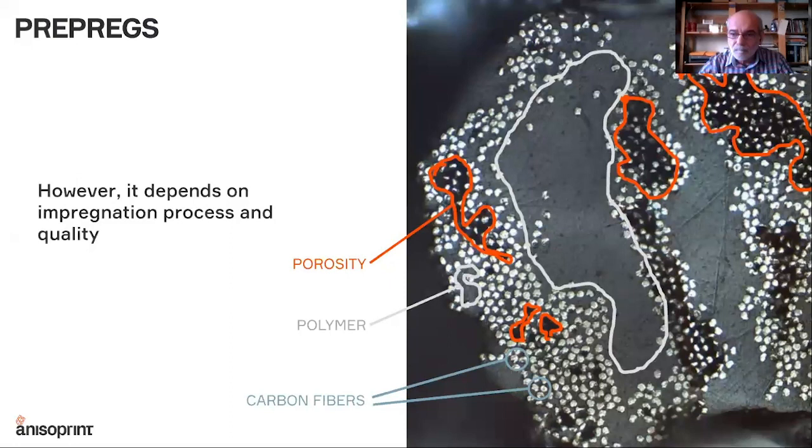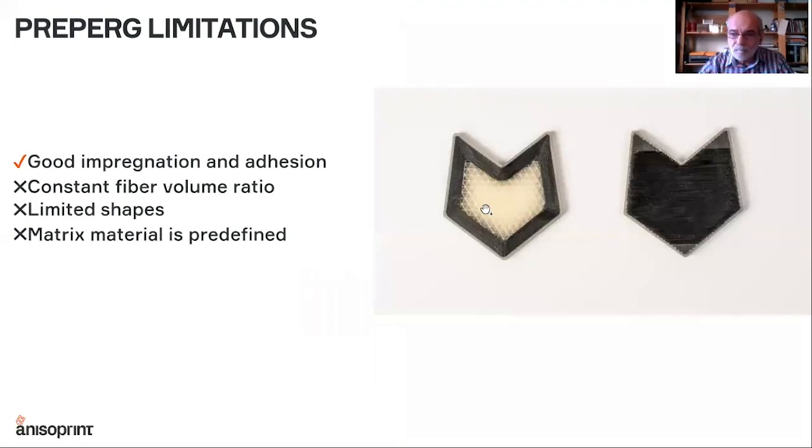So it's also a separate process that the material manufacturer has to establish to get good properties, to avoid porosities, to avoid resin-rich zones, and to get good distribution of reinforcing fibers.